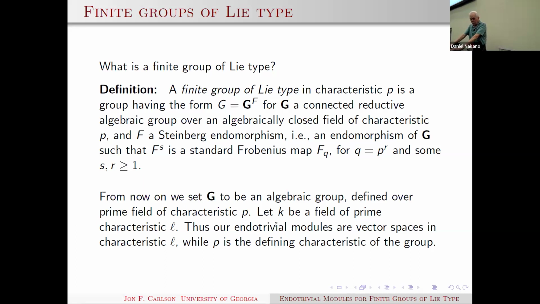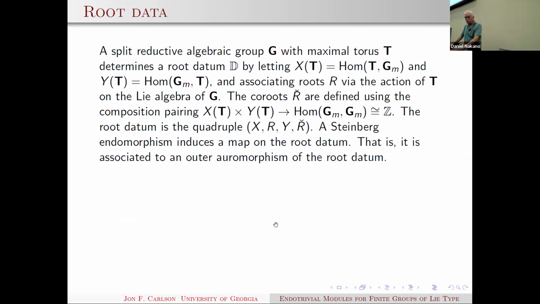We're going to let K be a field of prime characteristic l, and so we're looking for endotrivial modules in characteristic l, and p is the defining characteristic. This is the usual notation used by people doing modular representations of algebraic groups. So our endotrivial modules over the field K are in characteristic l.